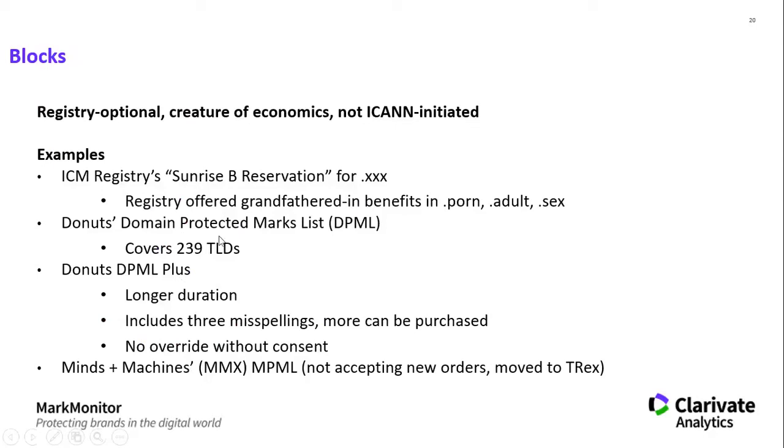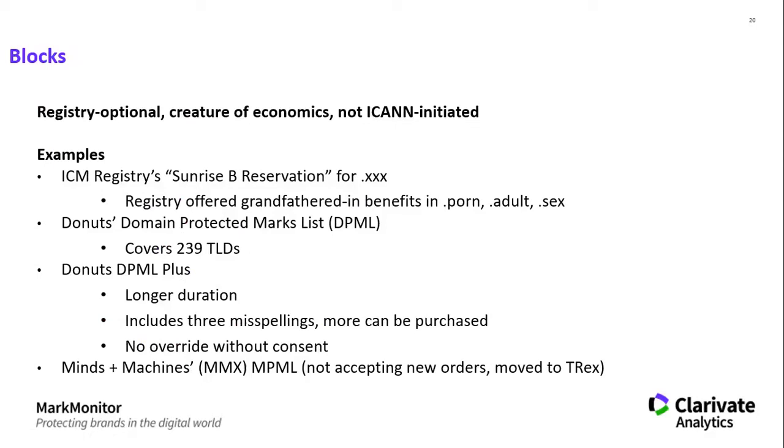Donuts is the largest new gTLD applicant, and their DPML is a block that you can purchase from MarkMonitor or any registrar accredited with Donuts, and that block covers all 239 of their TLDs, but only those TLDs. So for one price, you can block, and by block, I mean preclude from registration by anyone other than someone with an exact matching trademark.